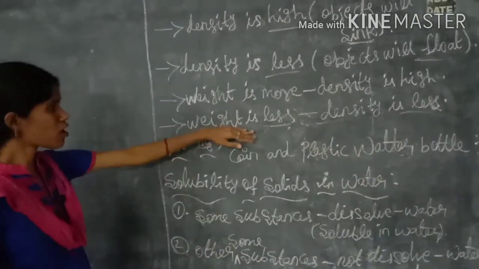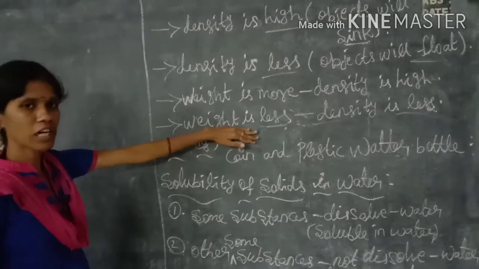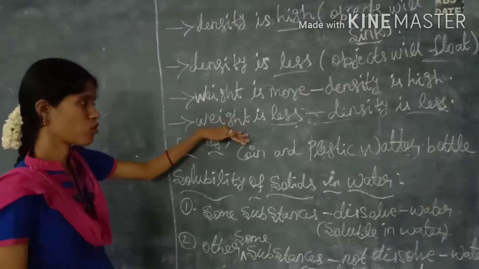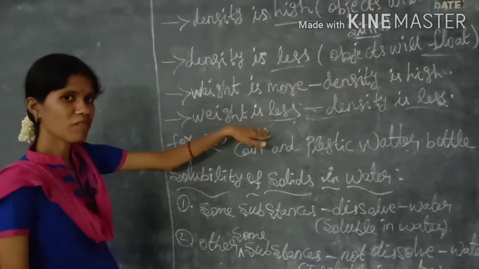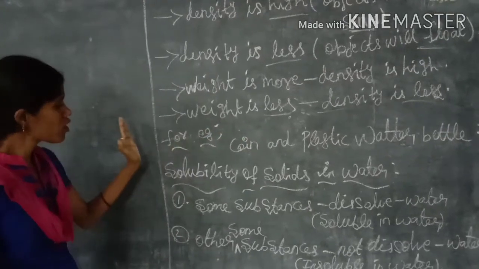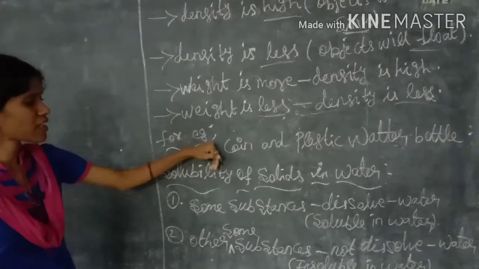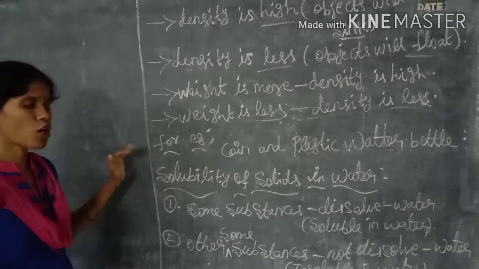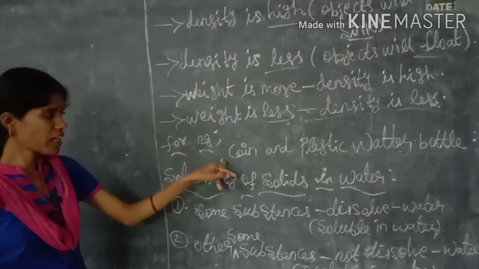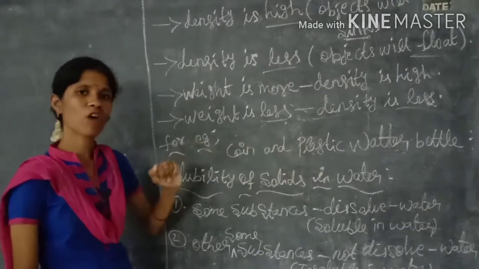So the object will float in the water when both the density and the weight are less. For example, if we take a coin and a plastic water bottle, the weight and the density of the coin are greater than those of the plastic water bottle.